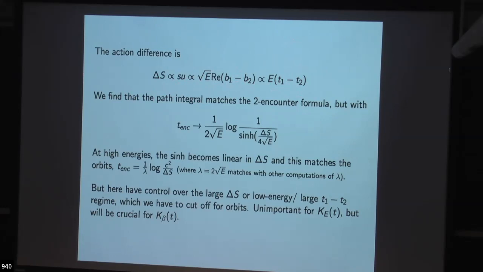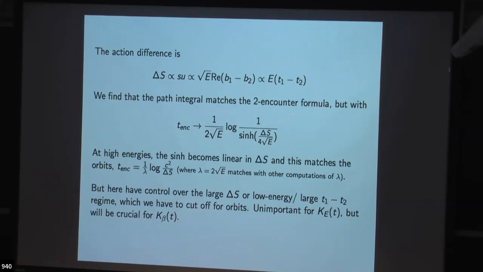If you process the formula a little bit, the path integral for Jackiw-Teitelboim on the surface, as an integral over the lengths B and B1 and B2, looks exactly like the integral we've written for the two encounter, except that the T encounter formula is corrected.